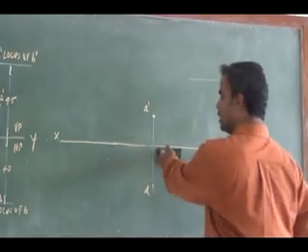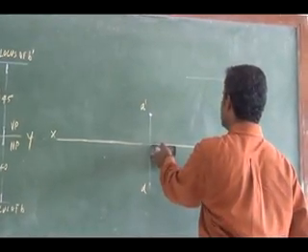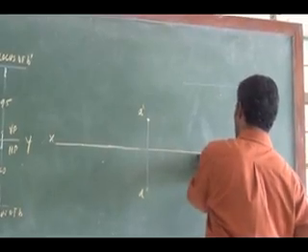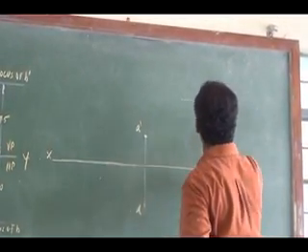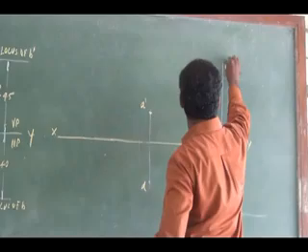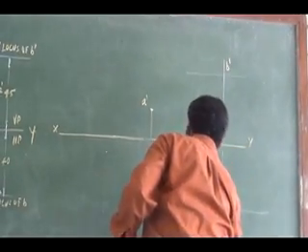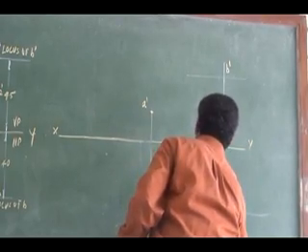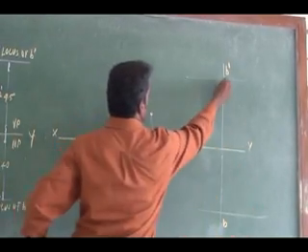Then I have the end projector distance 16. So I can mark my A dash, B dash, B.